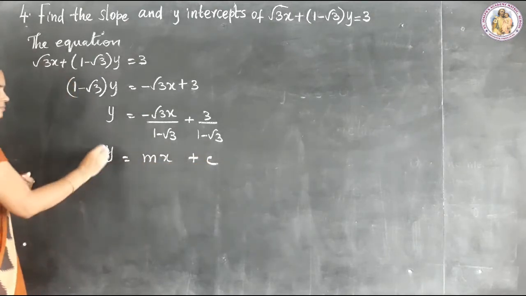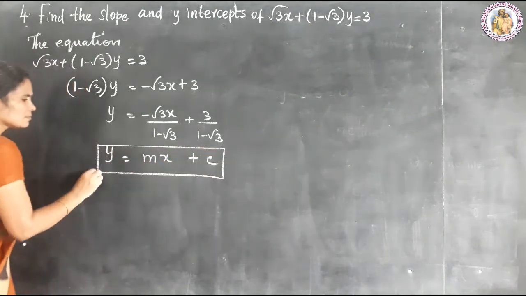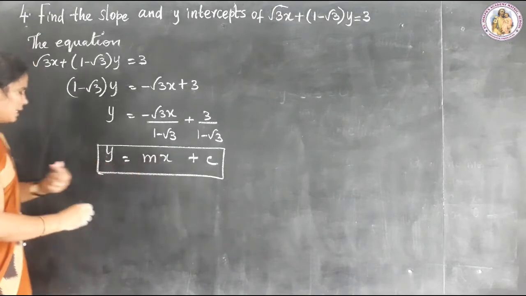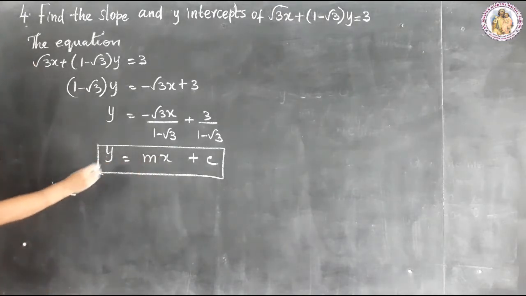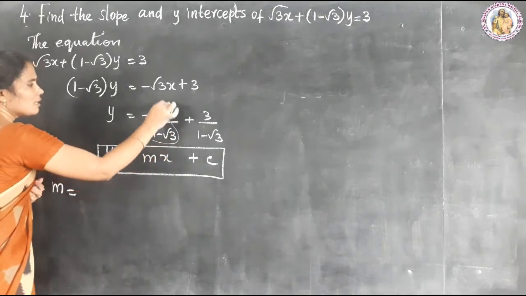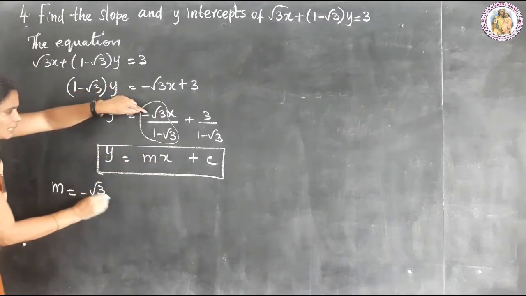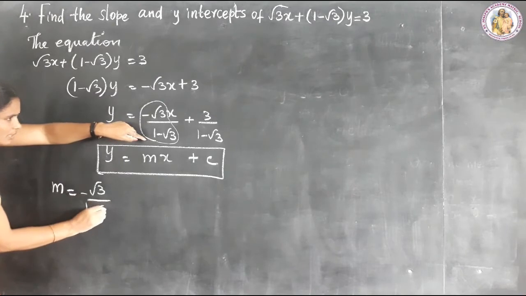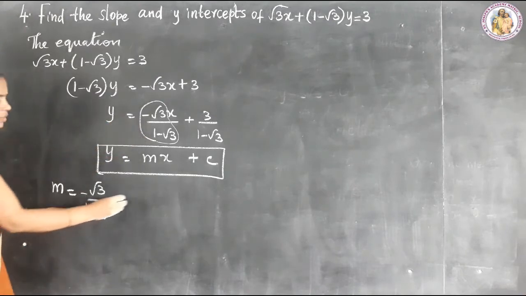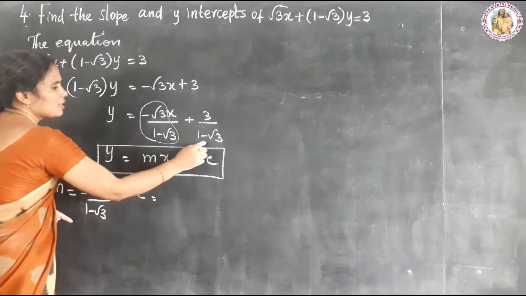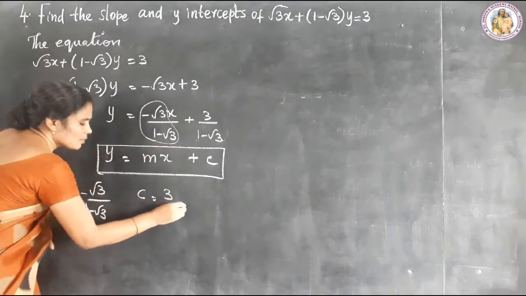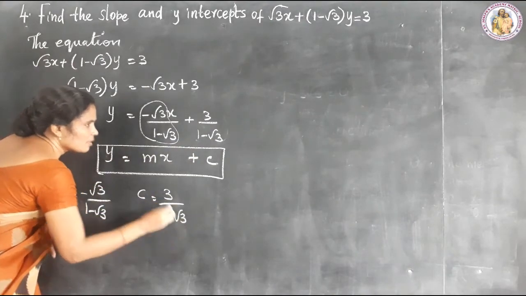Now consider m is equal to minus root 3 by 1 minus root 3, and c is equal to 3 by 1 minus root 3.